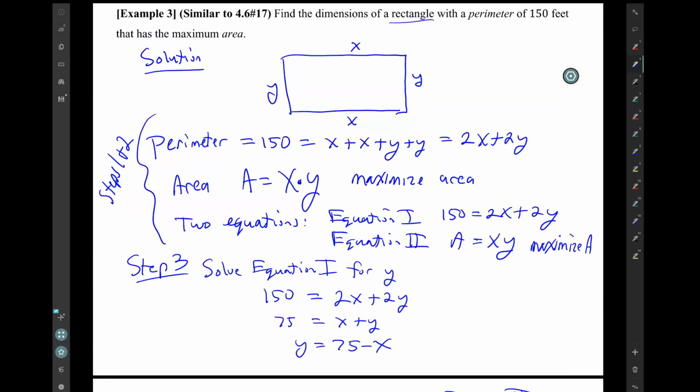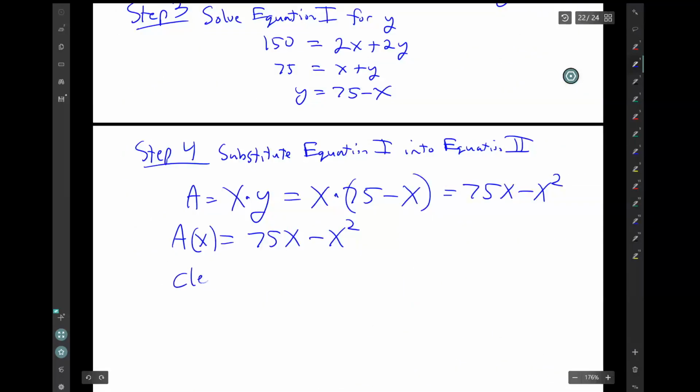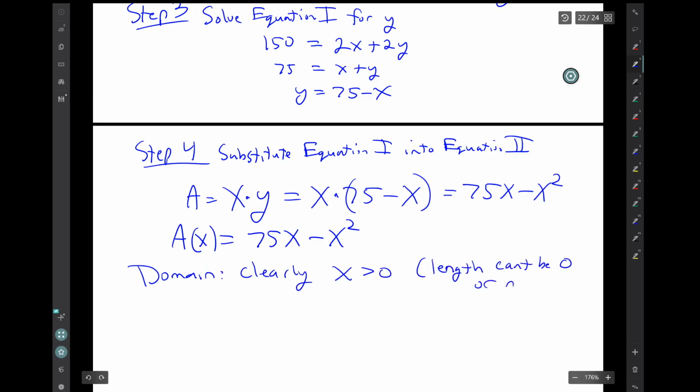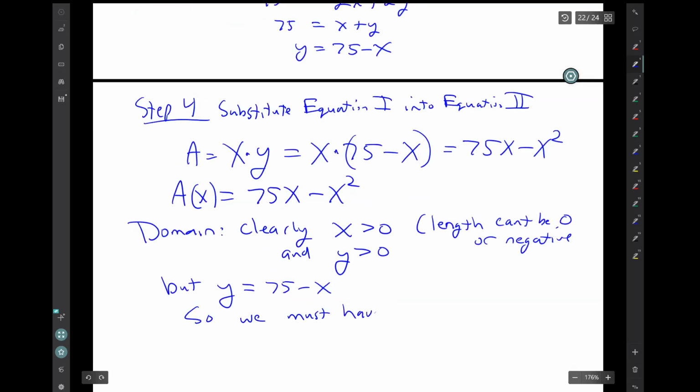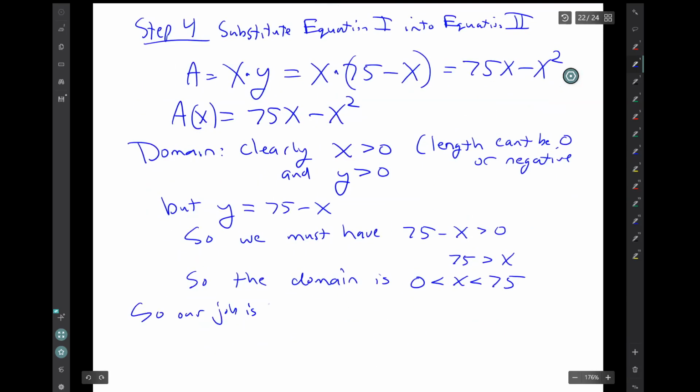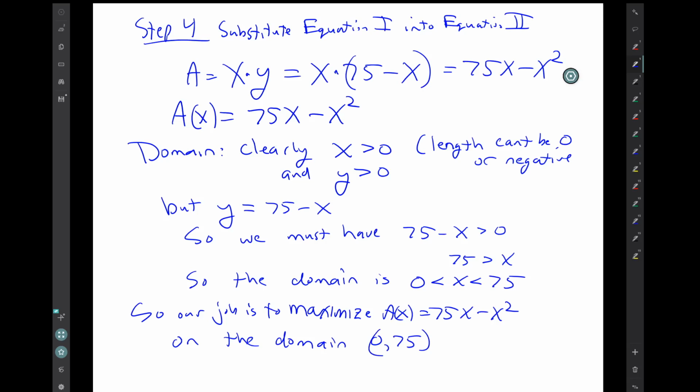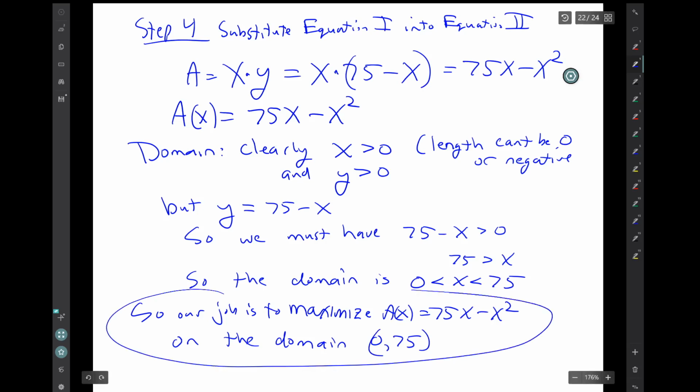We're looking for dimensions of a rectangle, so clearly x has to be greater than 0 and y has to be greater than 0. So we have now got a single variable max-min problem. We need to maximize A of x equals 75x minus x squared on the domain that's the interval 0 to 75.